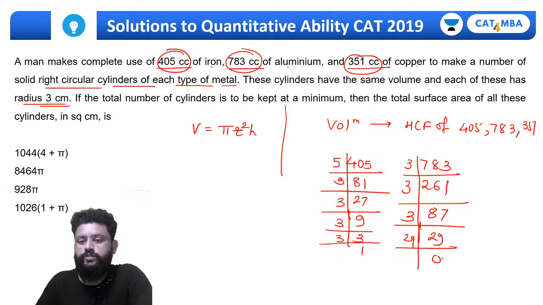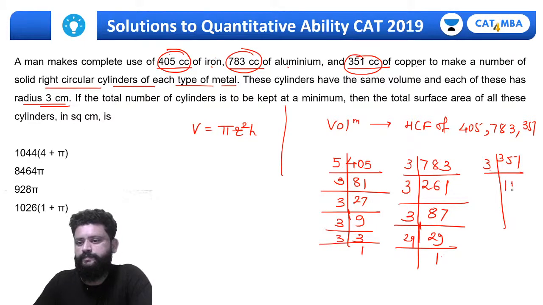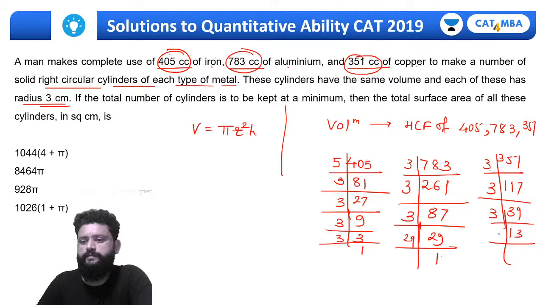Okay, so 29 into 3. Then we have 351 into 13.